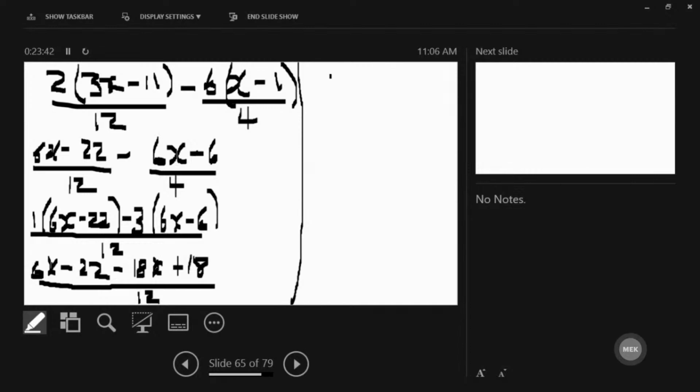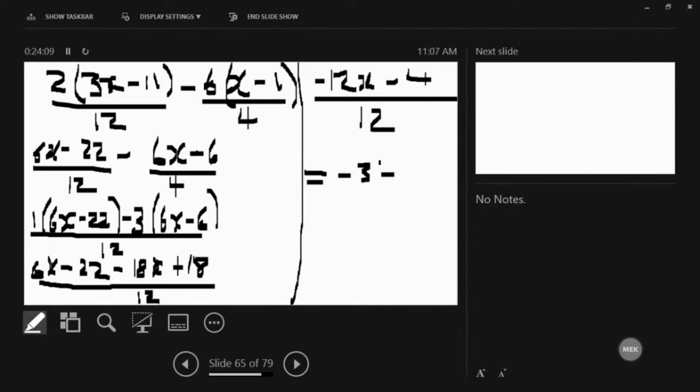So 6x minus 18x, that's negative 12x. Negative 22 plus 18, that's negative 4 over 12. And these can be reduced by 4. So 4 into each of those would give negative 3x minus 1 over 4.